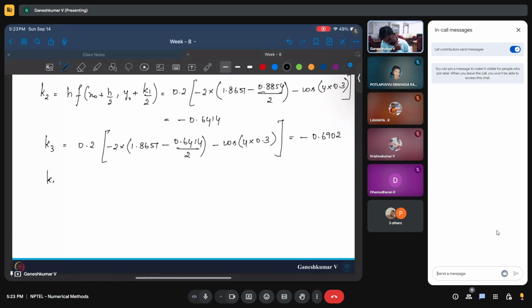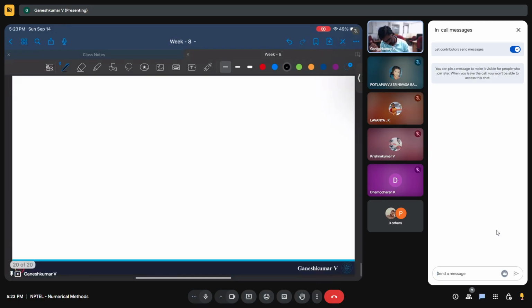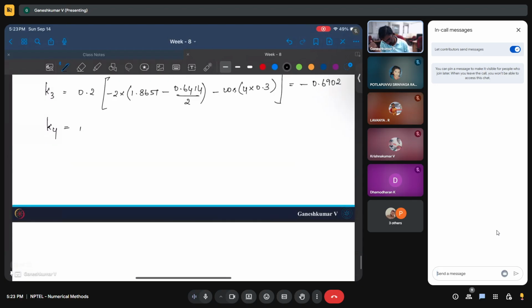So finally we can also write k4. K4 is again 0.2 times minus 2 into 1.8651 minus 0.6902. Here you do not have division by 2, and finally you will also have 0.4 here.